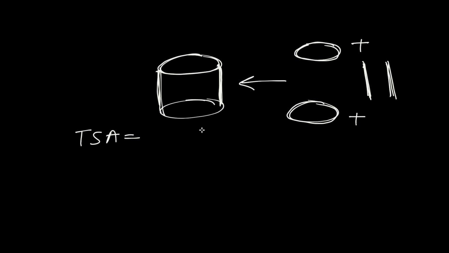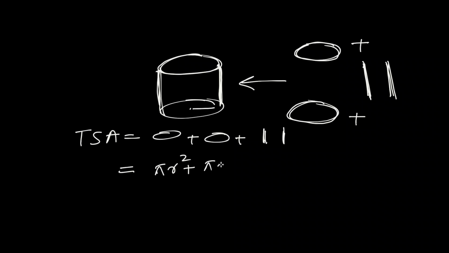So the area of this circle plus the area of this circle plus the curved surface area. What is the area of a circle? Area of a circle is pi r square, plus the area of the same circle with exactly the same radius, pi r square, plus the lateral surface area.